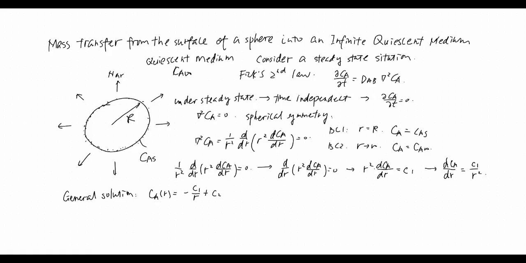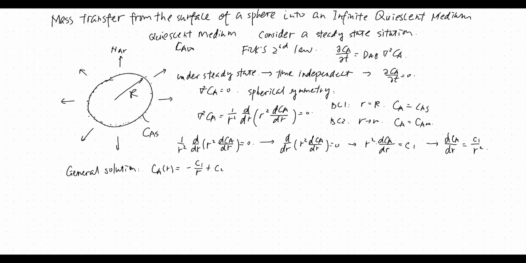So let's see. We use boundary condition 2. You will get minus C1 divided by infinity, which is basically 0, plus C2 equals CA infinite. It gives you C2 equals CA infinite. So now you can write out your profile as minus C1 over r plus CA infinite.